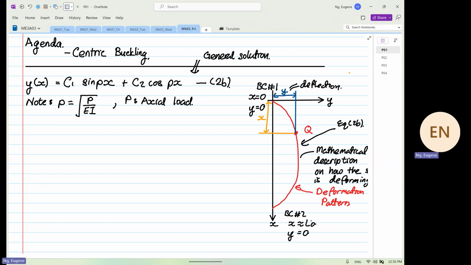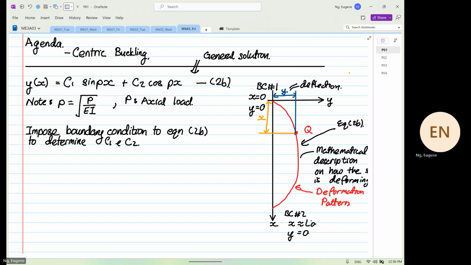So now what we're going to do, we're going to impose a boundary condition to equation 2b, okay, to determine C1 and C2.